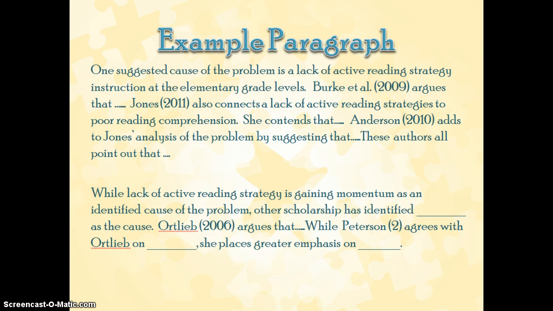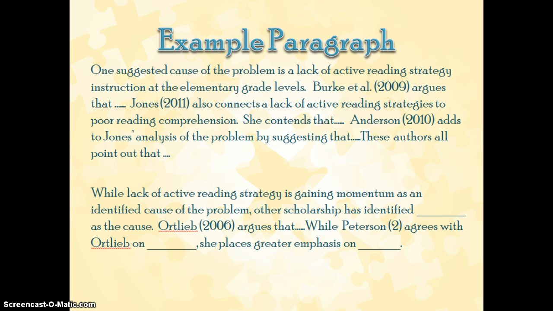Next, in order to transition to my next cause, I might say that while lack of active reading strategy is gaining momentum as an identified cause of the problem, other scholarship has identified blank. And then I might go into my second cause and talk about the authors that agree with that cause. So Ortlieb argues that, while Peterson agrees with Ortlieb on one particular thing, she places greater emphasis on blank.